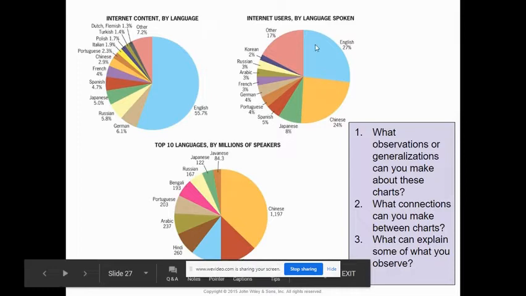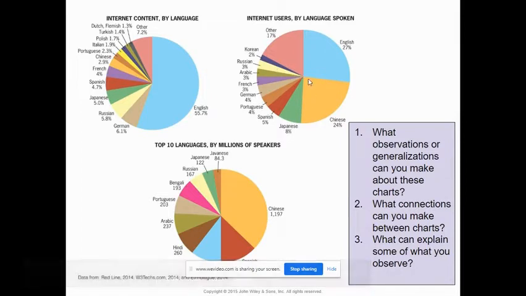In terms of number of internet users worldwide, English speakers are the most common internet user, and then Chinese number two, Japanese number three. However, the content on the internet is very much majority in English. And so, even though people are coming from different languages when they're using the internet, many people are actually using English as a way to communicate on the internet and just across the world.